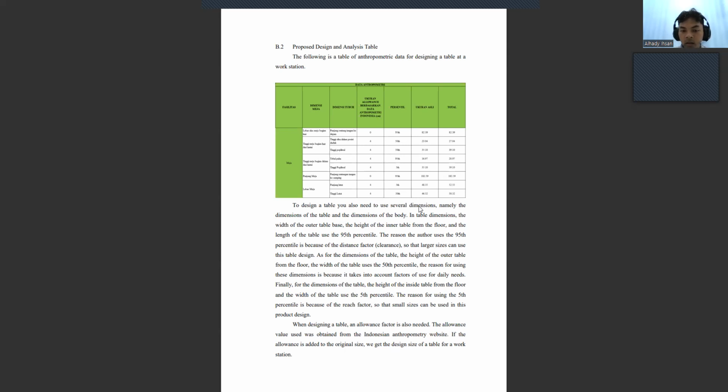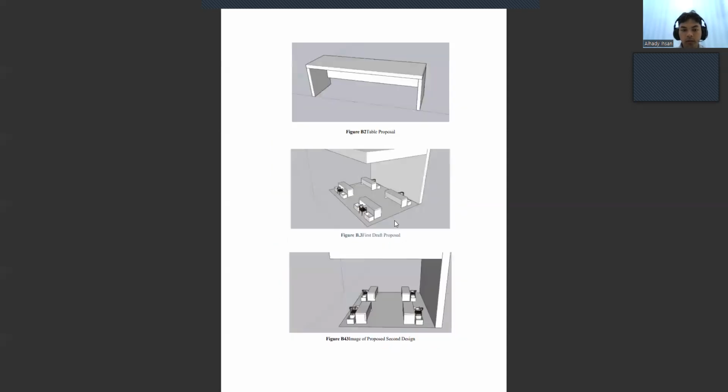When designing a table, an allowance factor is also needed. The allowance value used was obtained from the Indonesian Anthropometry website. If the allowance is added to the original size, we get the design size of a table for a workstation.